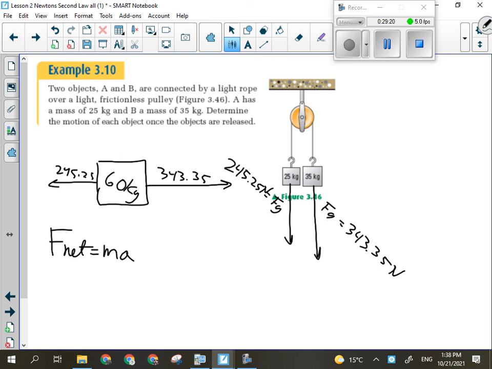Mass times acceleration, or 343.35 plus negative 245.25, which should give me 98.1 newtons. Okay, what can I calculate now?